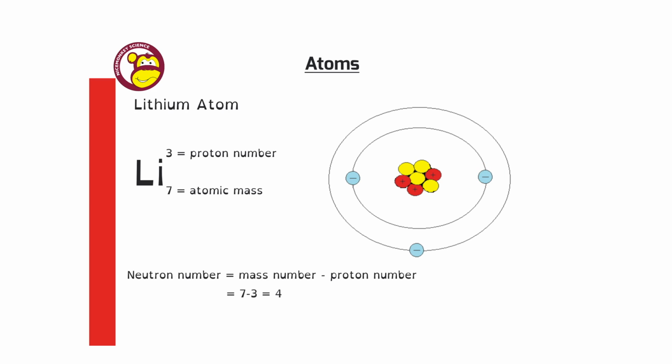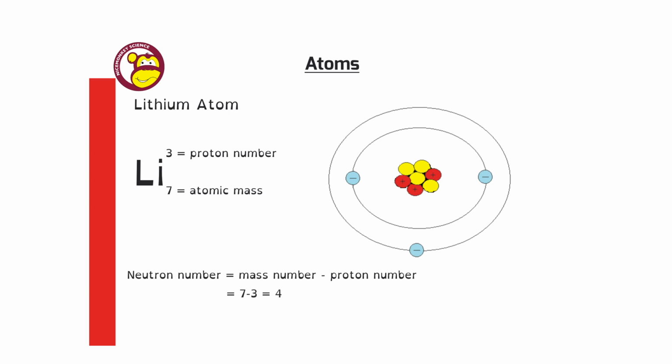As you can see here, 1, 2, 3 electrons. The proton number, in the case of drawing an atom, is always the same as the electron number. Now the other number we've got here is the atomic mass, and that is the total amount of stuff, or the mass of the atom, the total amount of stuff in the middle, in the nucleus. Because remember, the electrons are so tiny, we say they don't have any mass.